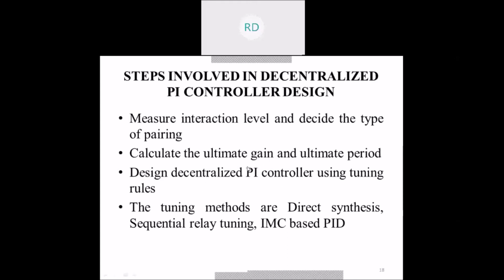I'm taking a conventional PI controller, because when I take PID, the oscillation will be more. For PI controller tuning, I'm using direct synthesis, sequential relay tuning, and IMC based PID. You can also use other optimization techniques or conventional tuning methods for this PI controller.